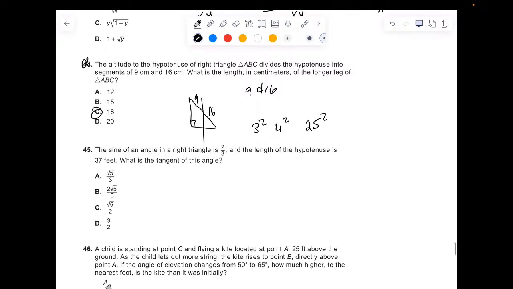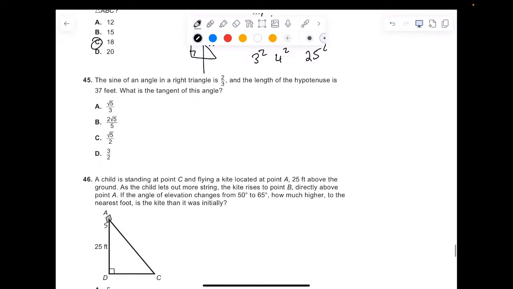The sine of an angle in the right triangle is 2/3 and the length of the hypotenuse is 37 feet. The sine of an angle is equal to 2/3, which is also opposite over hypotenuse, right?